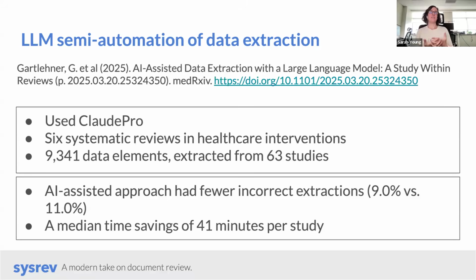And in fact, they found that the AI-assisted approach had fewer incorrect extractions than the human-only approach. This is really interesting. I think we know that human-led data extraction is somewhat error-prone, and this study at least tells us that an AI-assisted approach may actually be more accurate. On top of that, it also saves quite a bit of time. So this is really interesting and shows some real promise for this kind of application.